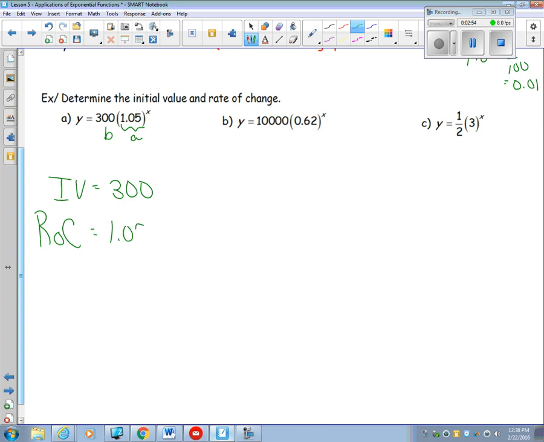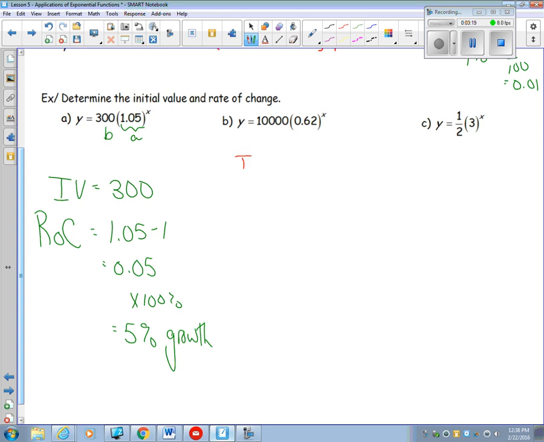Well, if I take 1.05 and I subtract 1, I end up with 0.05. So as a percentage, times that by 100, this would be a rate of change of 5%. Because it's bigger than 1, it'd be 5% growth. Okay? Now, you don't have to show all the math. You can look at it and say, oh, it's 5% bigger. Okay, 5% growth.